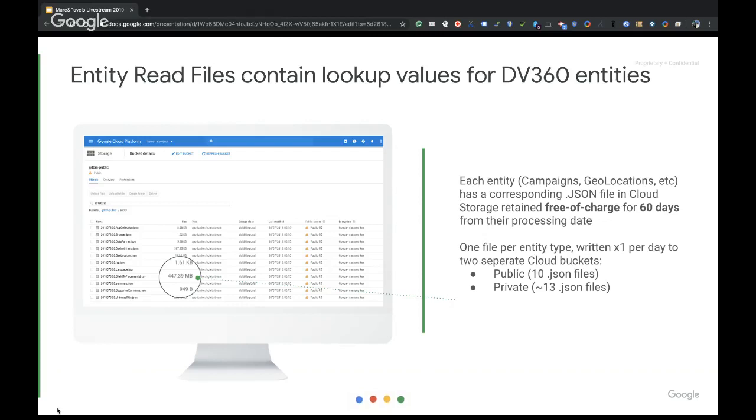Public ones contain things like URL IDs, geo IDs, language IDs, etc. And then there are private buckets, which contain roughly 13 files, sometimes a little bit more, that contain entities that are unique and individual to each advertiser. So things like creative IDs, line item IDs, pixel IDs, etc. So all of the things that would only be found in your advertiser specifically. The JSON files themselves are retained free of charge for 60 days from the processing day, and they're uploaded once per day.